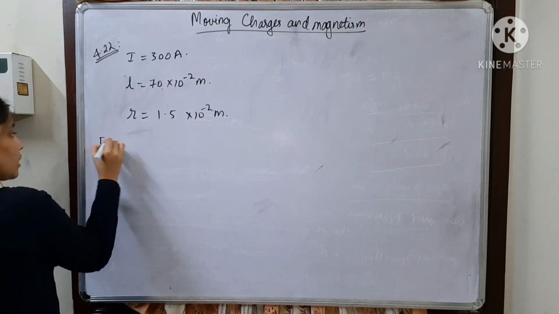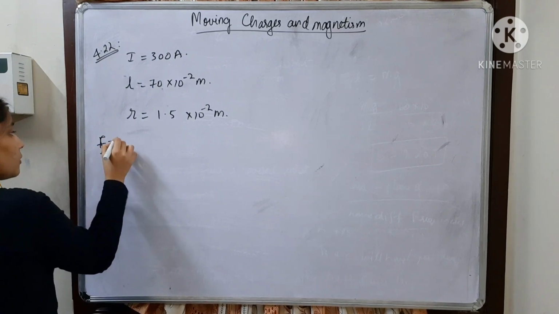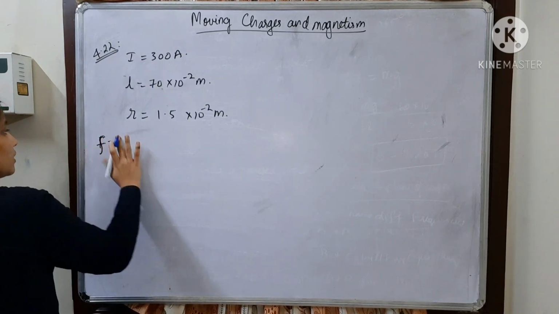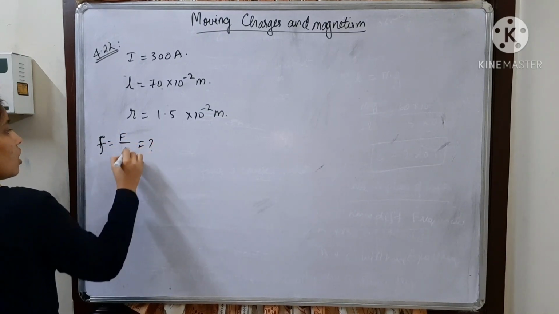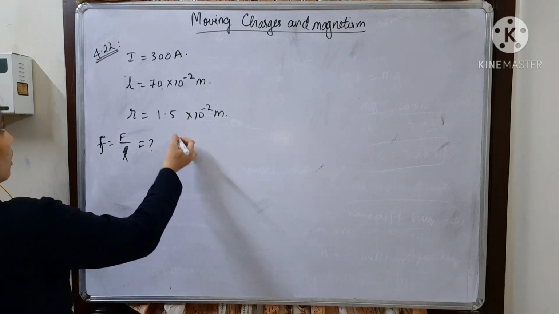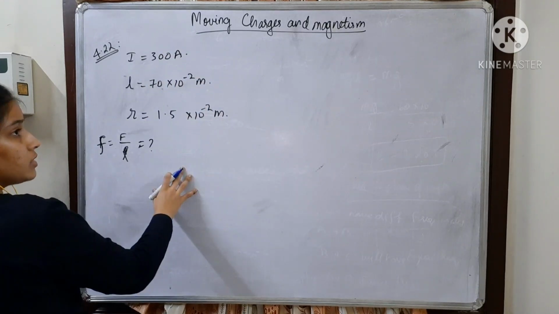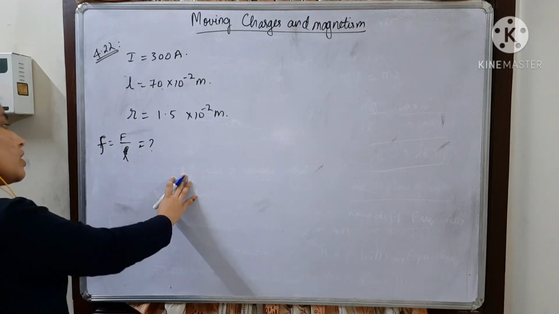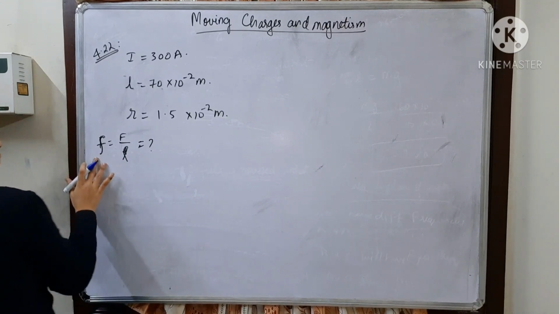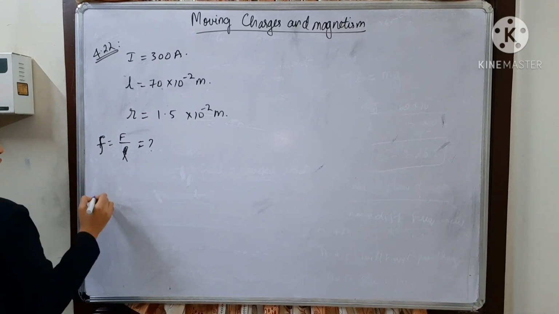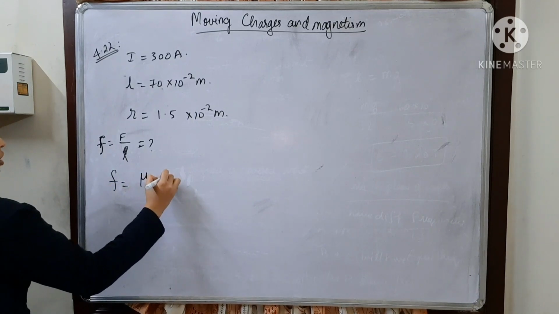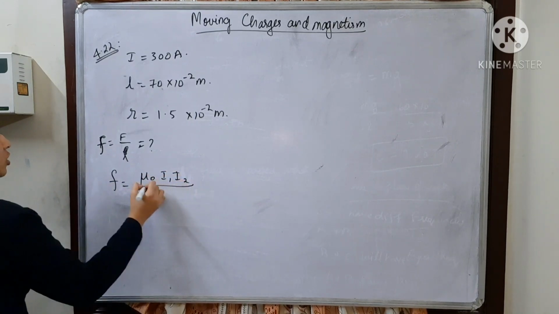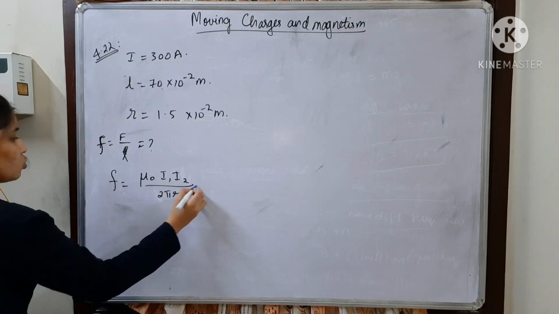First of all, they are asking what is the force per unit length, small f, that is nothing but the capital F by L. They are also asking about the direction, whether the force is attractive or repulsive. So the first thing we will do is find the force per unit length. Small f is equal to mu naught into I1 into I2 divided by 2 pi r.